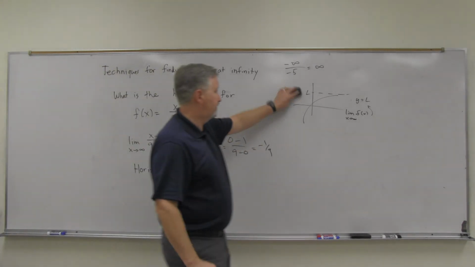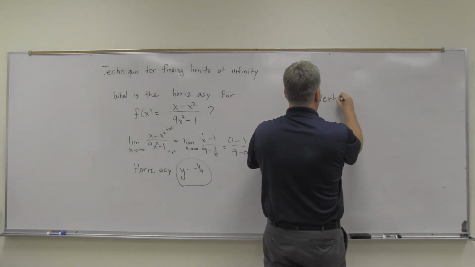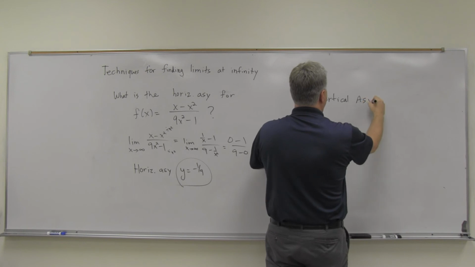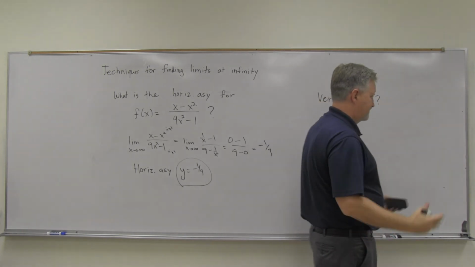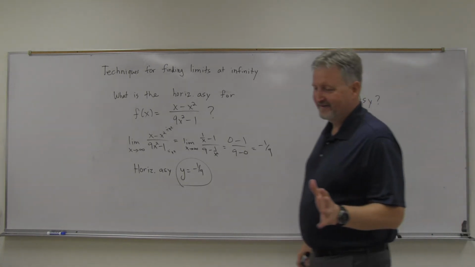I think it also asks you here about the vertical asymptotes. And this is kind of review, I guess. I hope it's a review. How do we get those vertical asymptotes? It's a little different, isn't it?